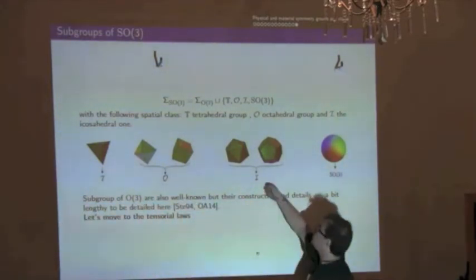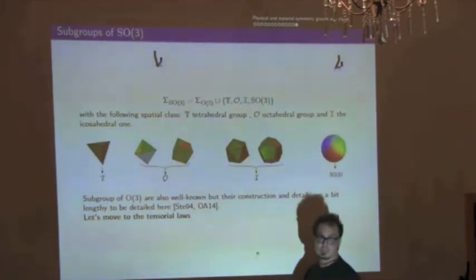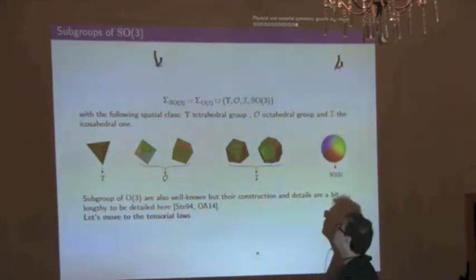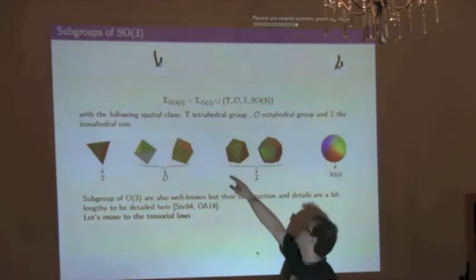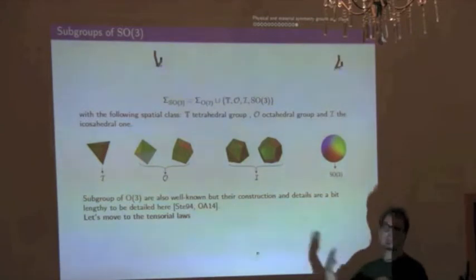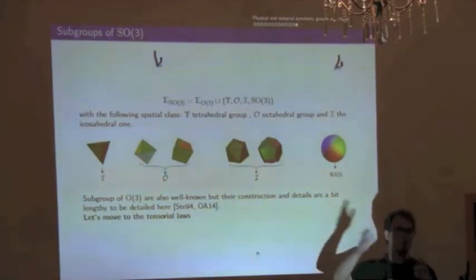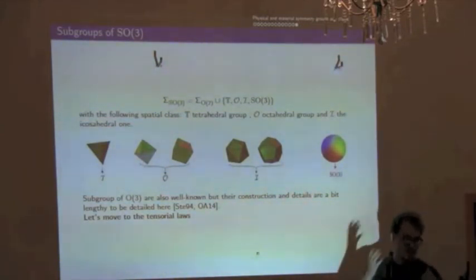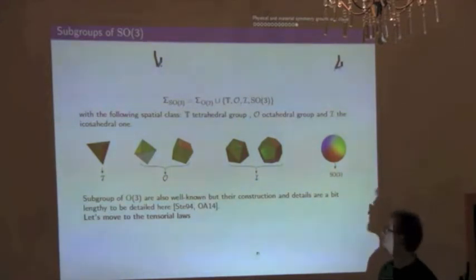And if you increase the level of symmetry, you will obtain the icosahedron and the dodecahedron, which once again are dual to one another, so the same symmetry elements.